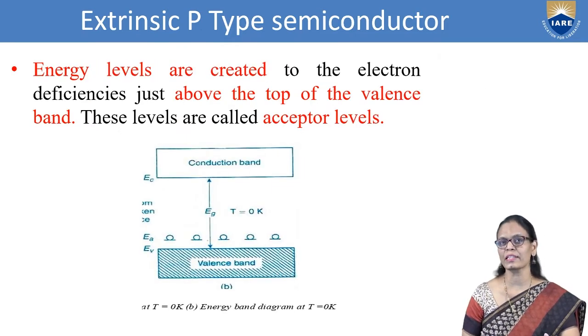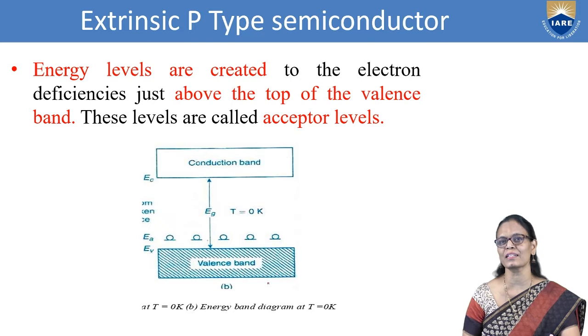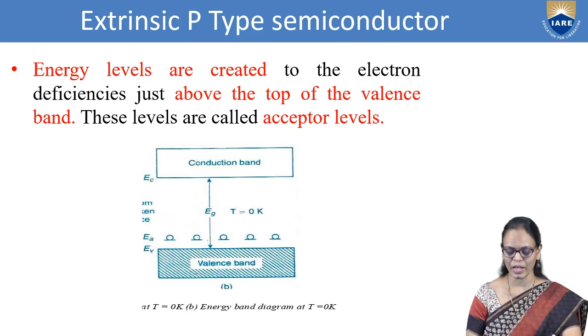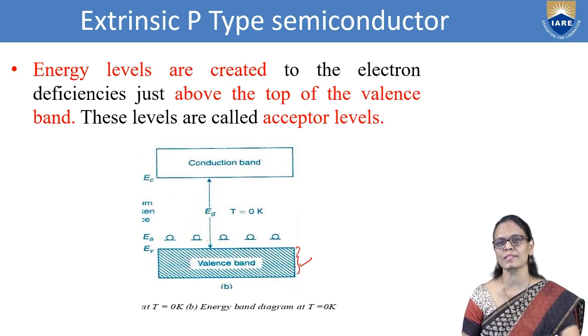Now, how do we see the energy levels? Energy levels are created due to the electron deficiencies just above the top of the valence band. So we need to understand this energy band diagram. Whatever I am showing here in the valence band, these are the range of energies possessed by valence electrons.